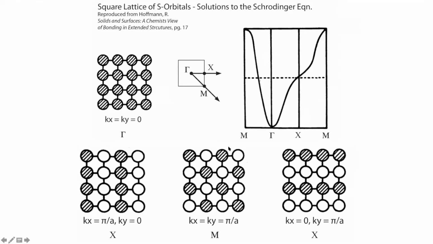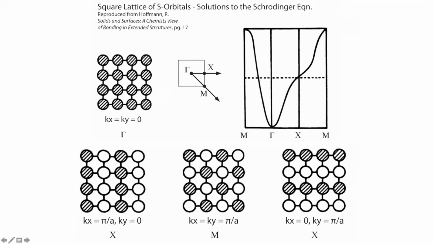So for the m point, with both kx and ky equal to pi over a, you get oscillations, or wavelengths, in both the x and y direction that are equal to 2 unit cells. And then again, another version of the x point where ky is pi over a and kx is 0. Now in the y direction, it varies at each point, and in the x direction, it's just constant.